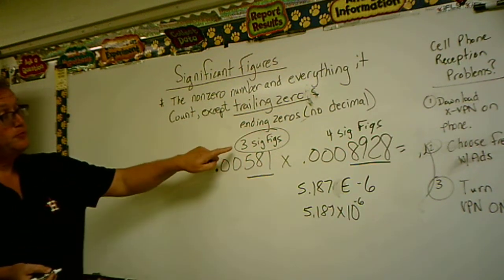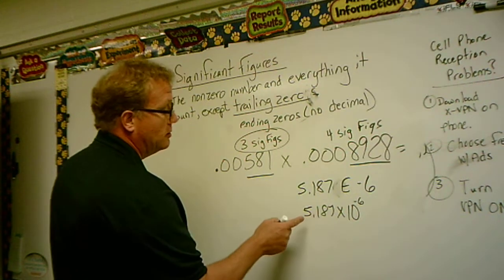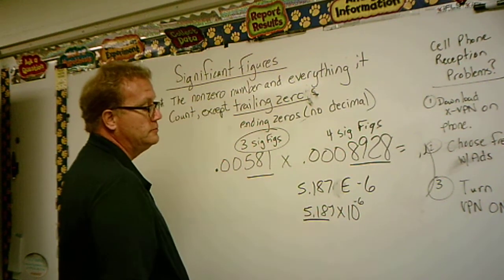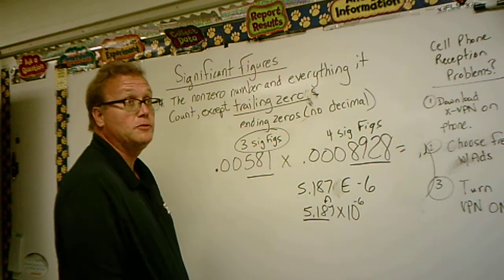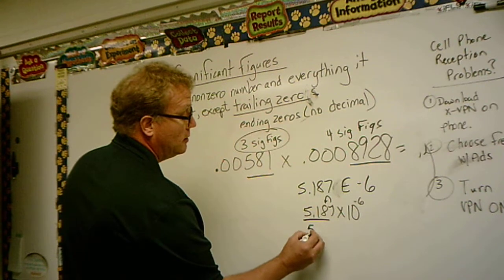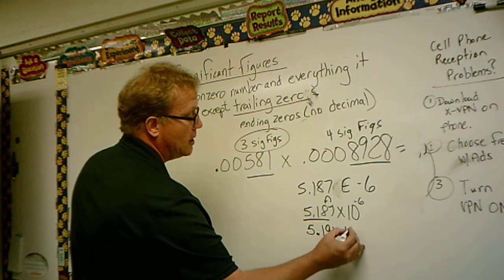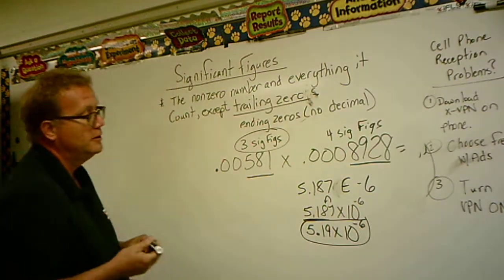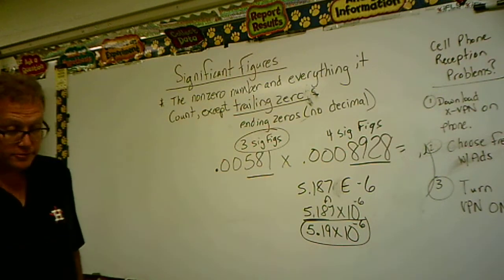Now we also have to pay attention to my 3 sig figs, so all I have to do is start counting. 1, 2, 3. So I'm looking at the 7, deciding what happens to the 8. It becomes 5.19, and then again, the exponent still stays there. It's not counted for sig figs, so that would be your answer.